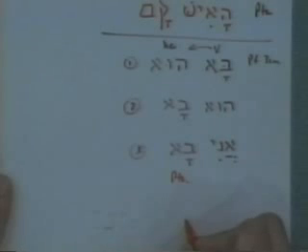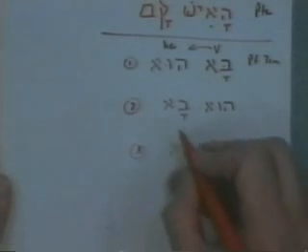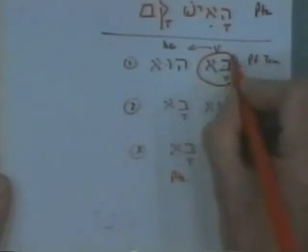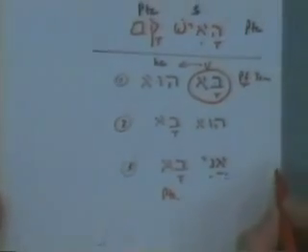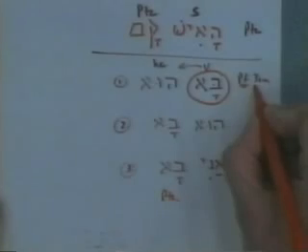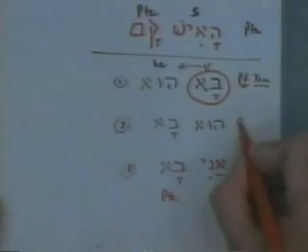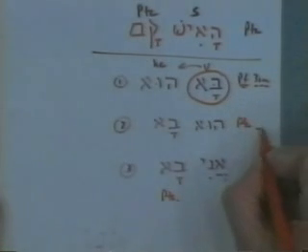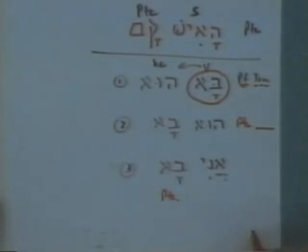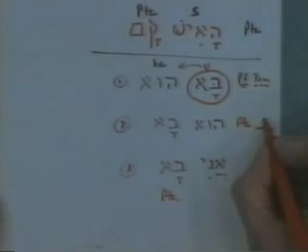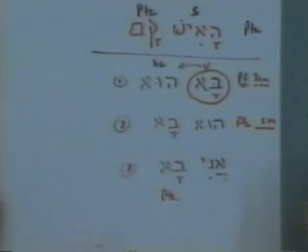Do you understand you got another clue to this being participle? What person, number, gender is ba if it's perfect? If it's perfect, then it's third singular masculine, right? If it's the participle, what person, number, gender is it? It's singular masculine.